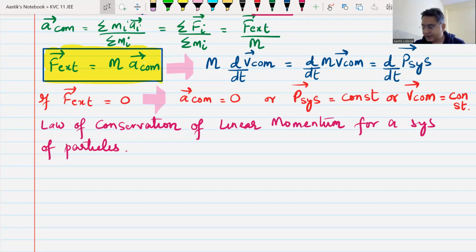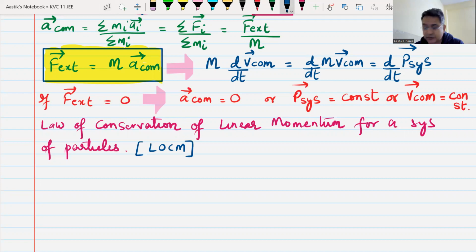We have seen that if the net external force acting on a system of particles or on any particle is zero, that becomes law of conservation of linear momentum. I will call it as LOCM, law of conservation of momentum.